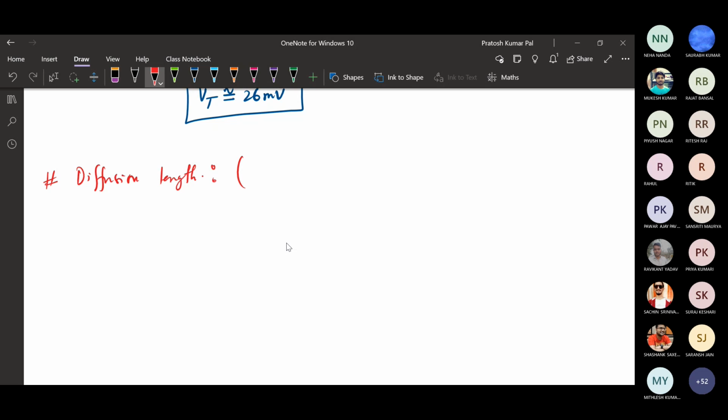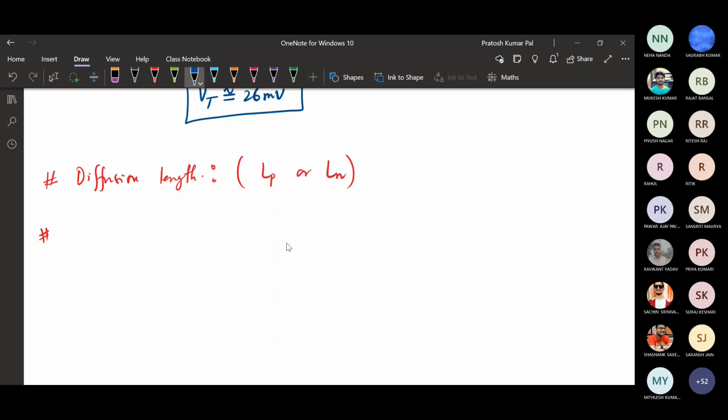So diffusion length in case of holes and electrons is different. So it is Lp or Ln: diffusion length in case of holes and diffusion length in case of electrons. So we will just see what a diffusion length is and how it is related to the different parameters. Because of the concentration gradient, the charge carriers are moving from one location to another location.